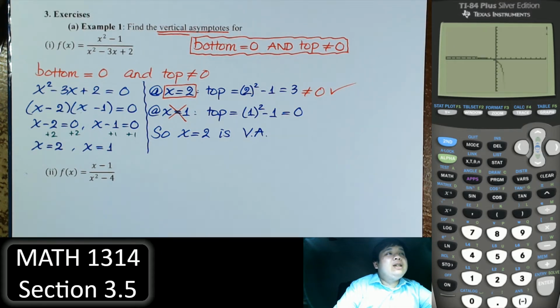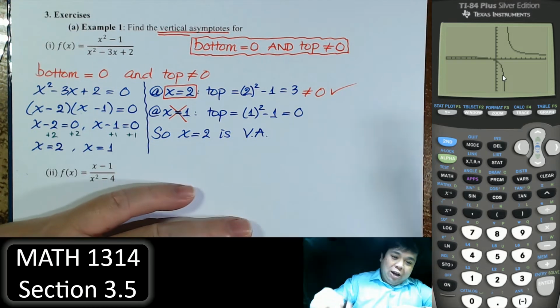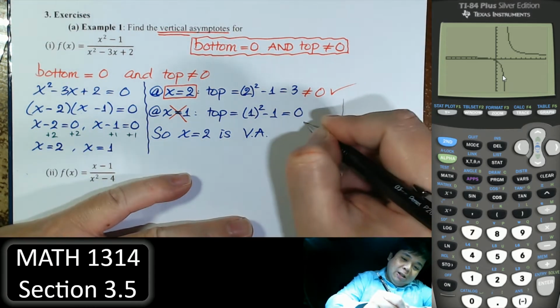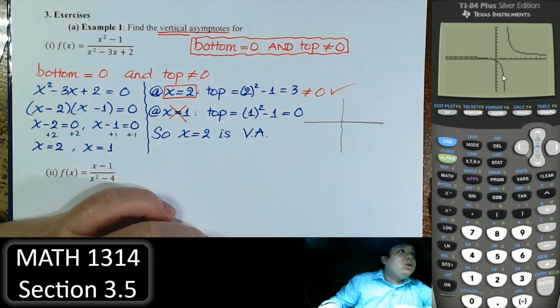Right, with that, you see there's a vertical asymptote here at x equal to 2. At x equal to 1, there's nothing special there. We won't be able to see that on the graph. But if we have to sketch the graph again, this is just a sketch.